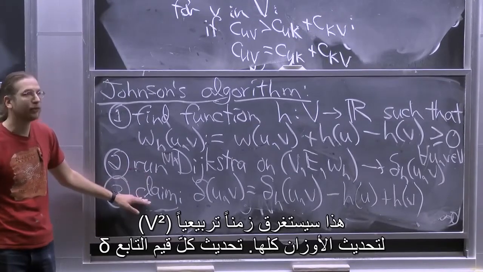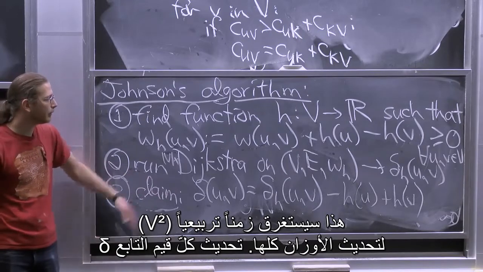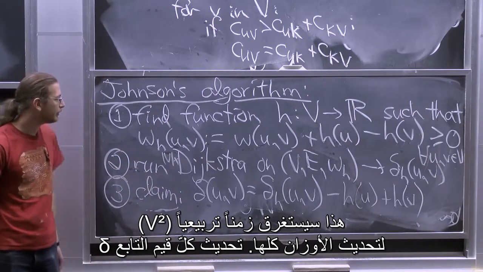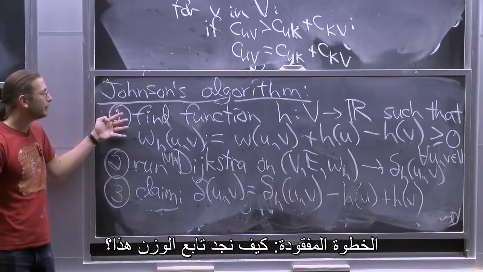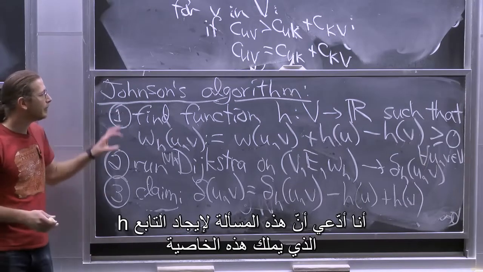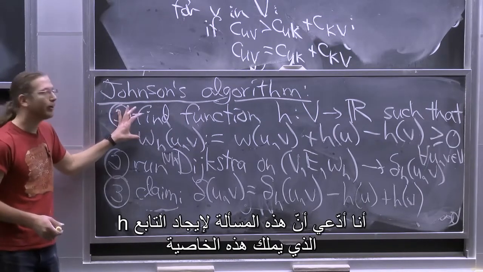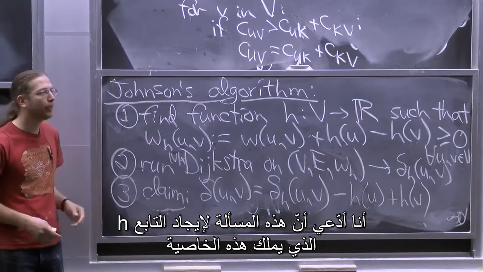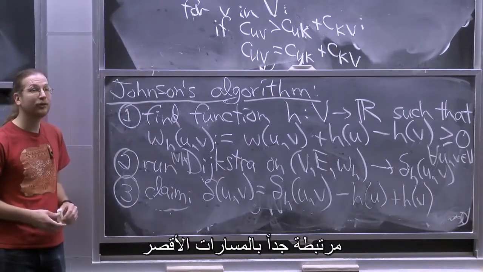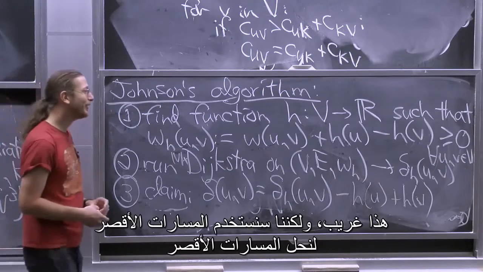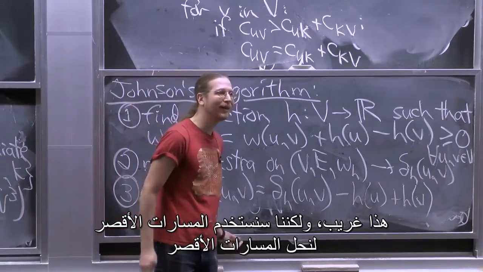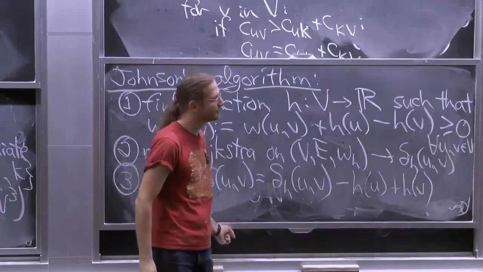This is just going to take quadratic time, V squared, to update all the weights, update all the delta functions. The missing step is how do we find this weight function? I claim this problem of finding h that has this property is very closely related to shortest paths. It's weird, but we're going to use shortest paths to solve shortest paths.